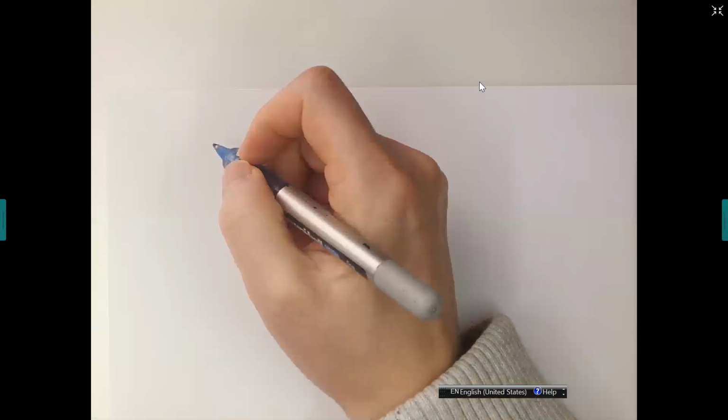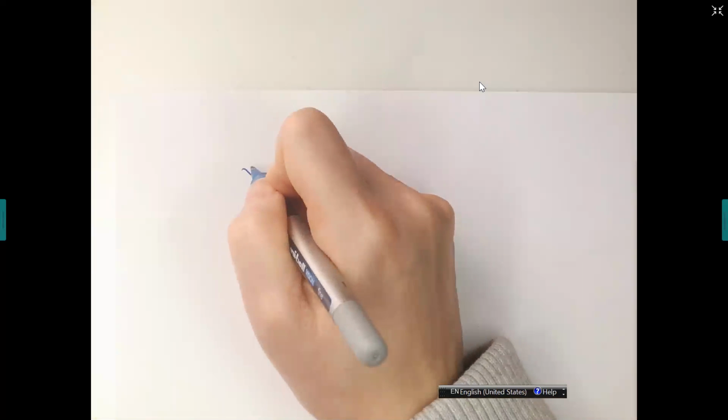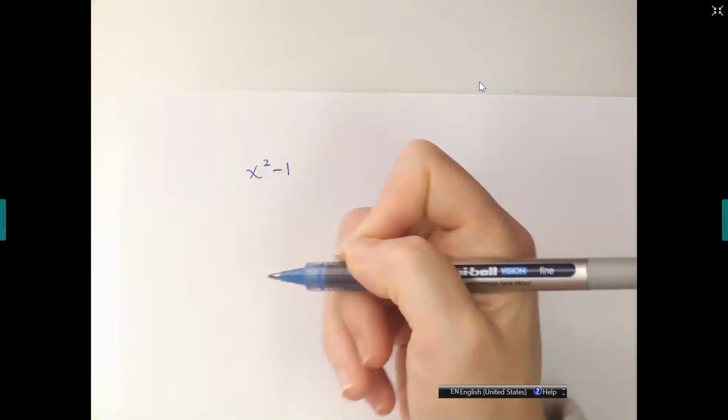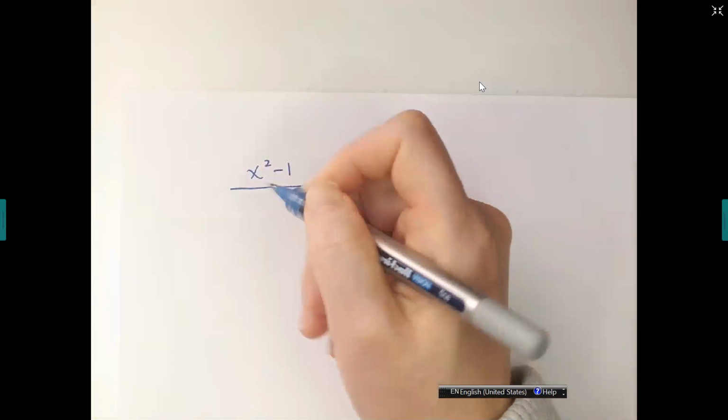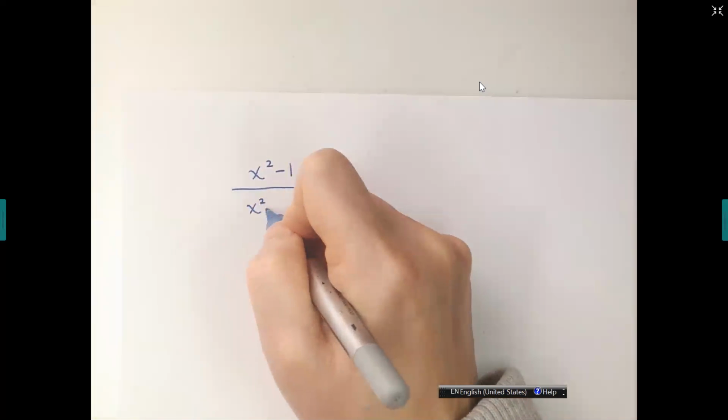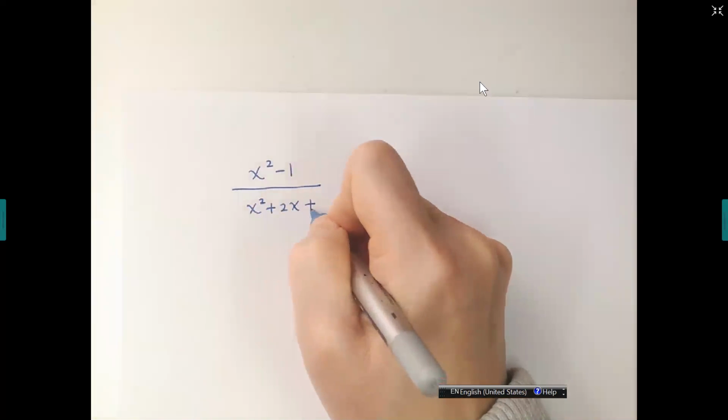This is the second one. The third one, sometimes they'll say, okay, Professor, you just said I can only cancel factors. All right, let me grab another piece of paper right here. So for example, I give you another one. x squared minus 1 over x squared plus 2x plus 1.